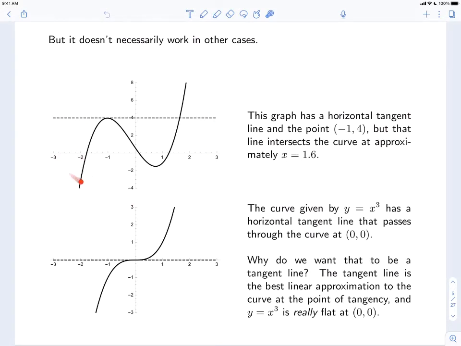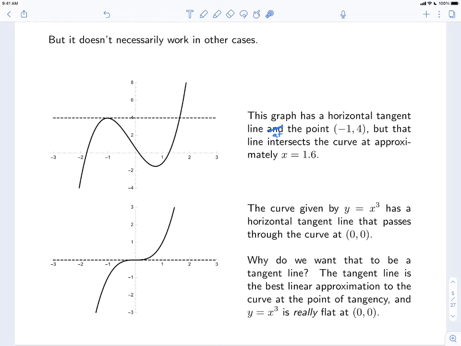This first graph that you see here has a horizontal tangent line at the point (-1, 4). But that line does intersect the curve at approximately x equals 1.6.